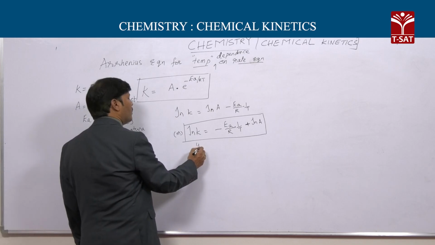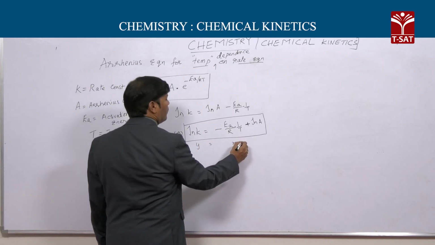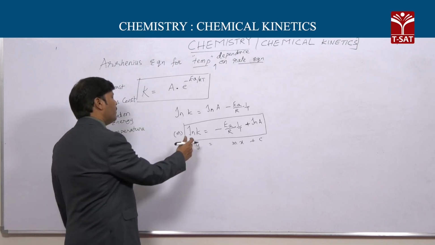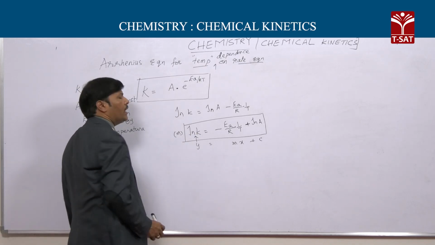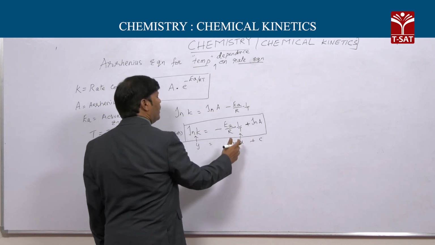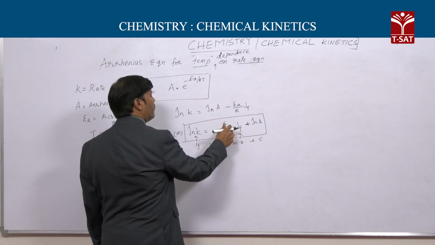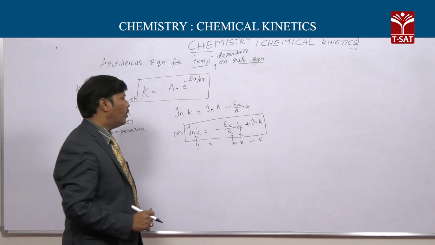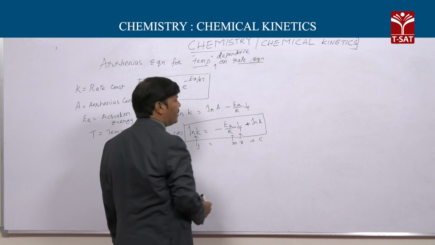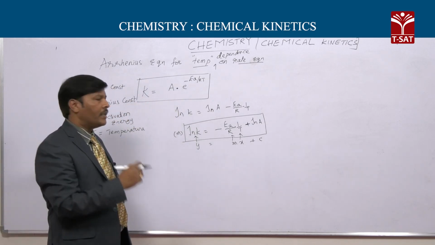This is y is equal to mx plus c, the equation of a straight line. So y represents the y coordinate, where we can take ln k, and x represents the reciprocal of temperature, 1 by T. m is the slope, so minus Ea by R is the slope, and this is nothing but the Arrhenius constant, that is ln A.